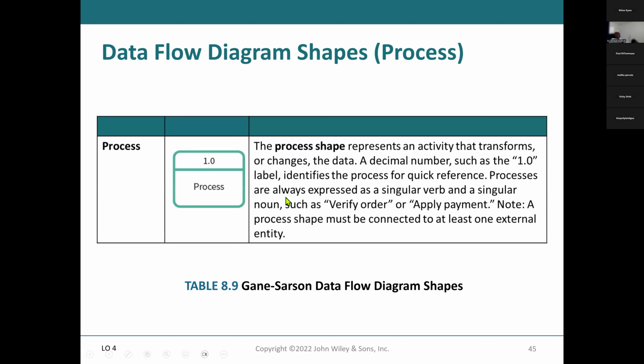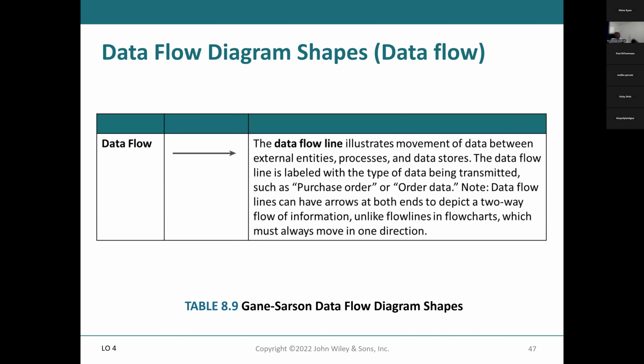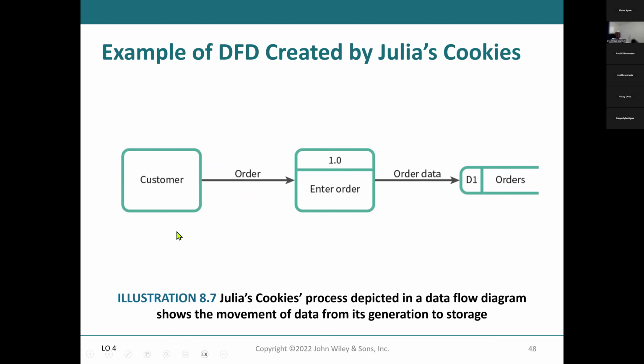So go back and now look at this. So this is what we are calling a real entity. So the customer is providing or receiving data. That's what this shape is telling you.